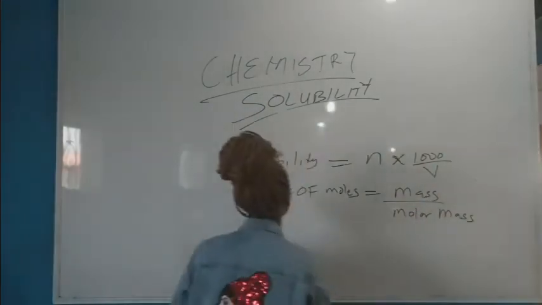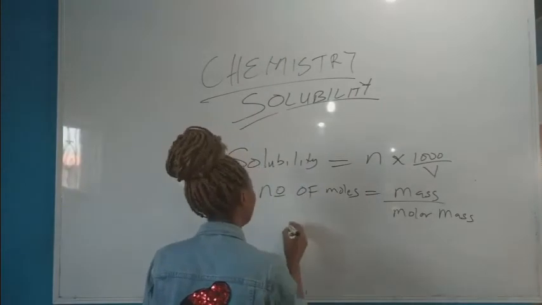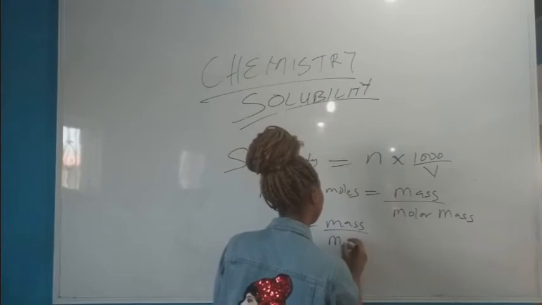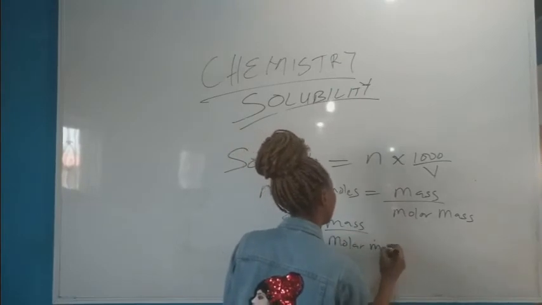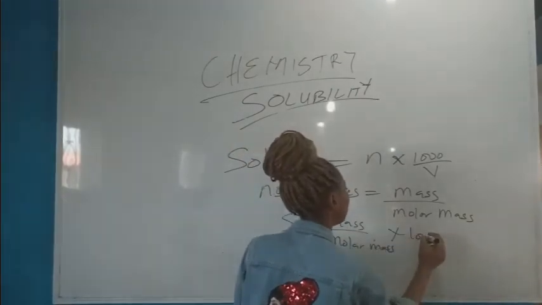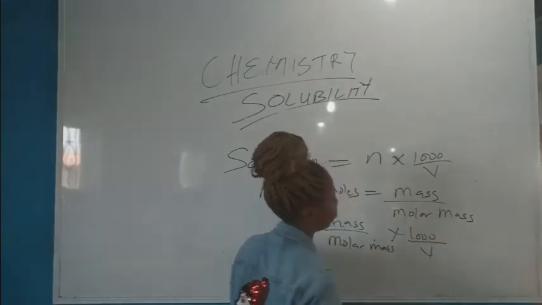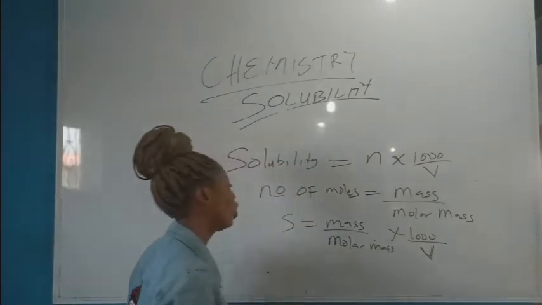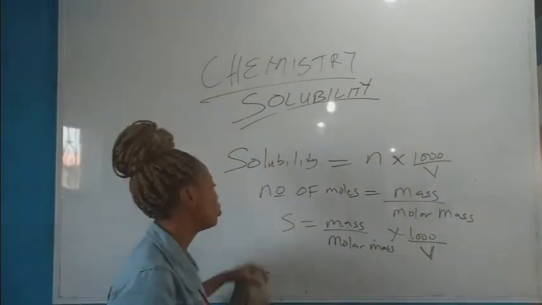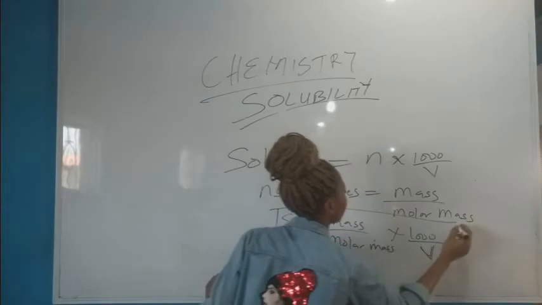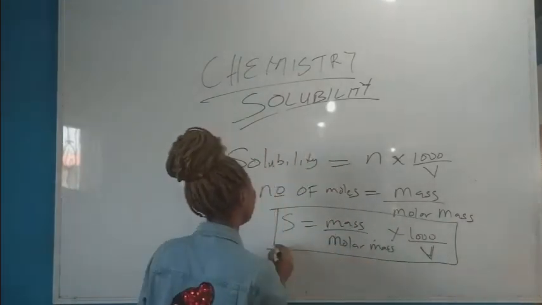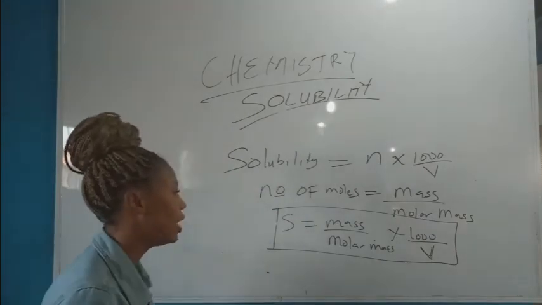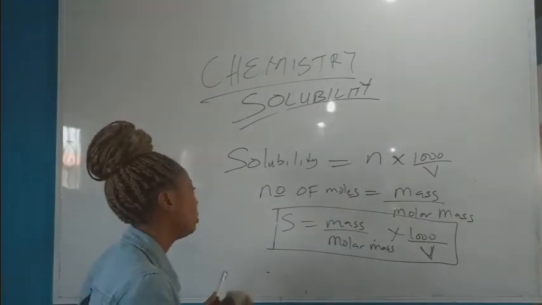So we can say the formula for solubility is mass over molar mass, times 1000, all over volume. I hope you understand: mass over molar mass times 1000 all over the volume of the substance you want to dissolve. Let me just say this is the shortcut formula for calculating the solubility of any compound. So that is all about this formula.